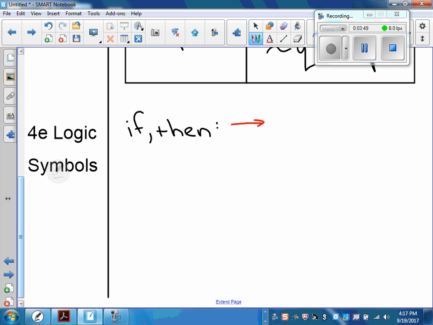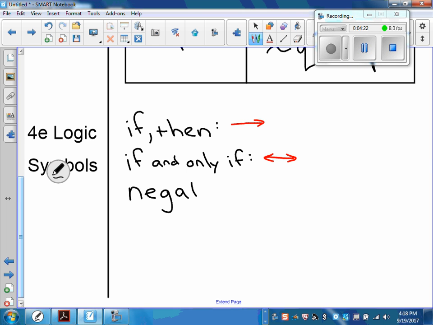If and only if we haven't quite gotten to, but while we're covering the logic statements, we'll put it in our toolbox of possible symbols. And this one is if and only if. It has arrowheads on both sides. So if we put letters around that, it would be P if and only if Q. Something along those lines. Negating, as you saw just a second ago, the negation symbol is simply that squiggly line.